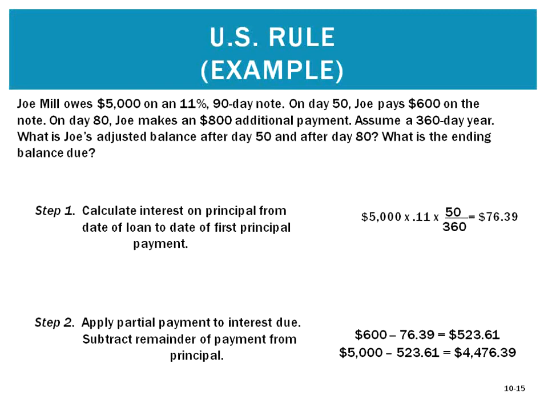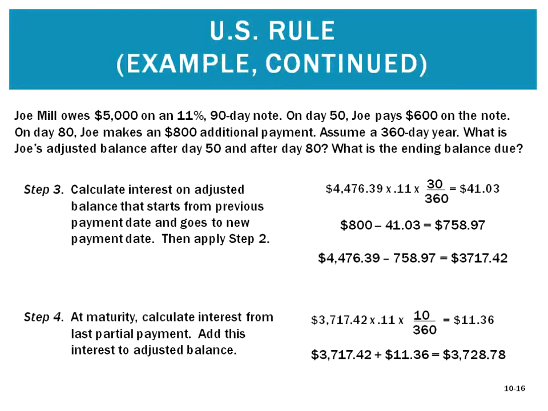So now you have the principal, which is 5,000, minus $523.61. So now the principal is only $4,476.39. Now this is good because now the 11% is no longer on 5,000, it's now on 4,400, which means that he's going to be paying a little bit less interest.